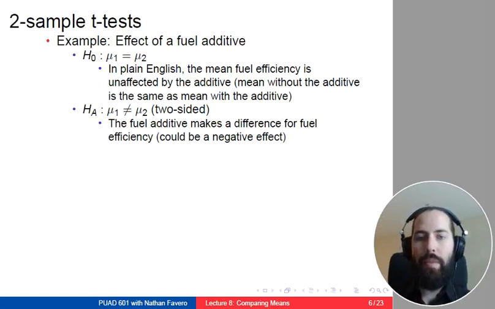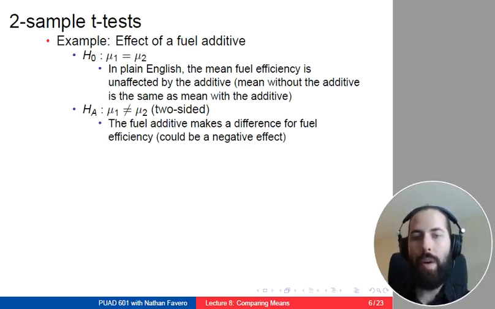Now notice, because we've done a two-sided hypothesis, we've said that the two means are unequal to each other. It could be that the effect of the fuel additive is negative. It could be that with the fuel additive, cars have a worse fuel efficiency. And that would still be corresponding to our alternative hypothesis. In other words, our alternative hypothesis would still be true if it turns out that the fuel additive has a negative effect on fuel efficiency.